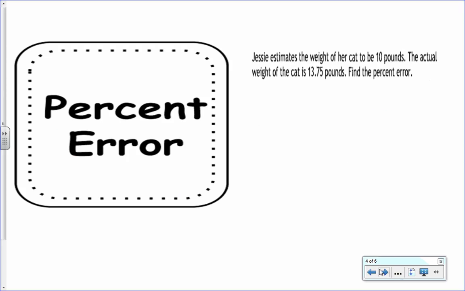And then the last thing that we're going to talk about is percent error, so how much something was off by, like when we estimate. Say we're talking about temperature and the weather person estimates it's going to be 10 degrees outside, but it's really 15. There was a small amount of error.